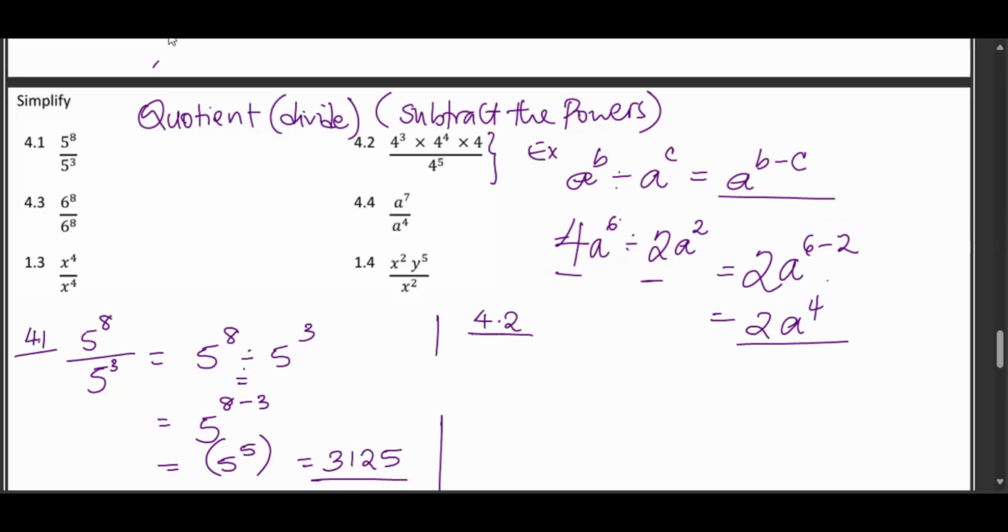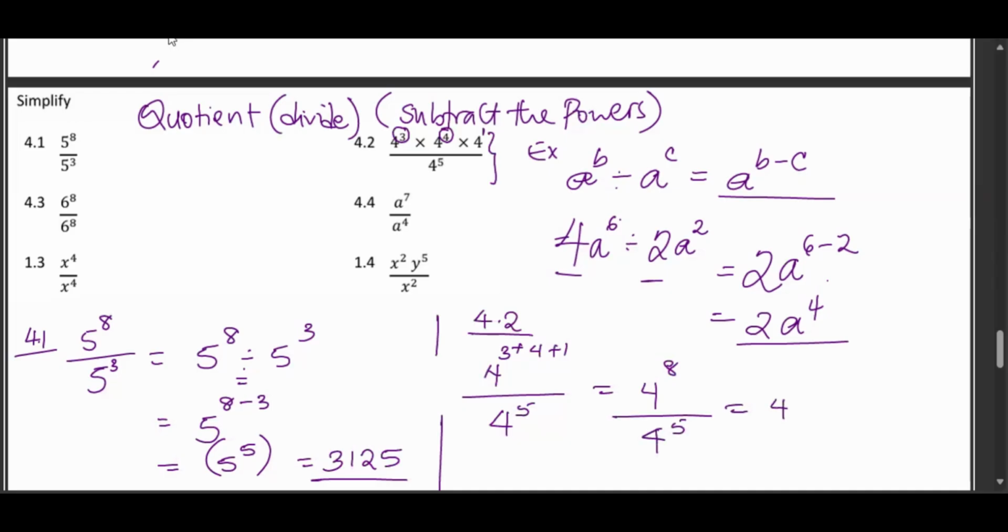So it's the 3 here, plus the 4 here, plus 1, over 4 to the power 5. When you add everything up on top, you have 4 to the power 8 divided by 4 to the power 5.